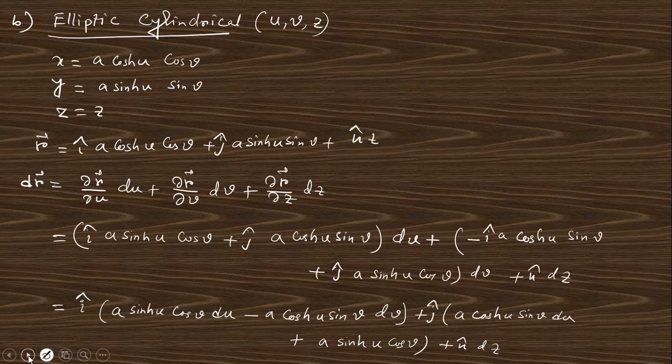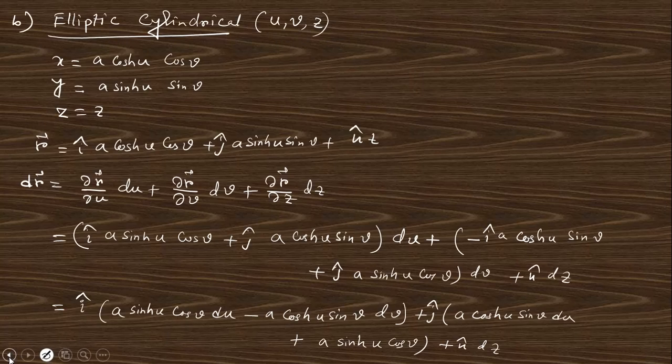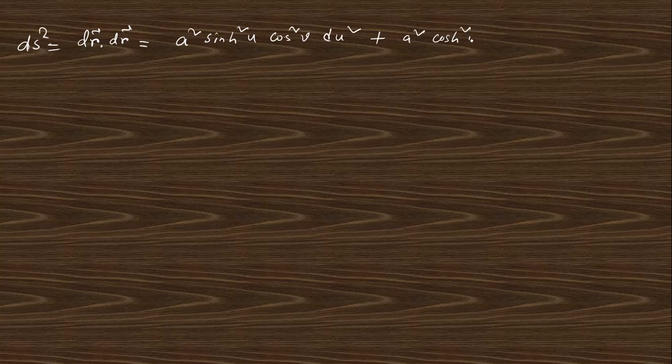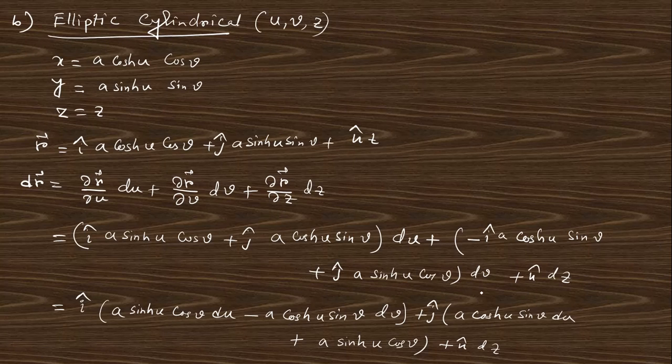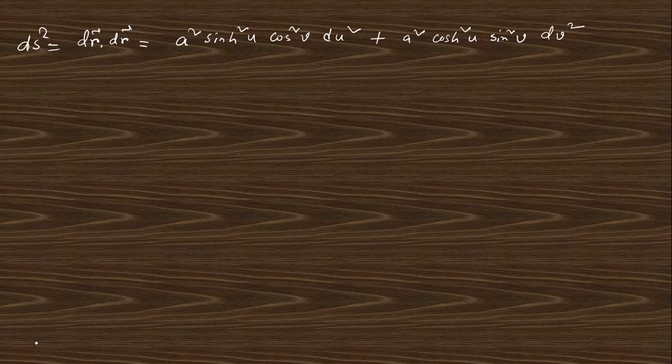So if you take the square of these terms, then you get a square sin hyperbolic square u cos square v du square, and a square cos hyperbolic square u sin square v dv square, and the cross terms cancel out, and the other terms are cancelled out.